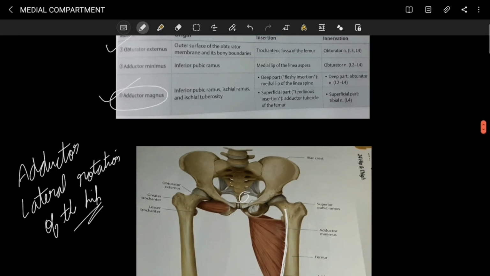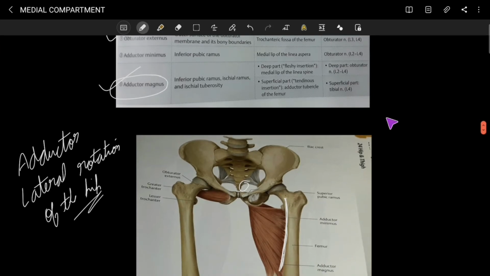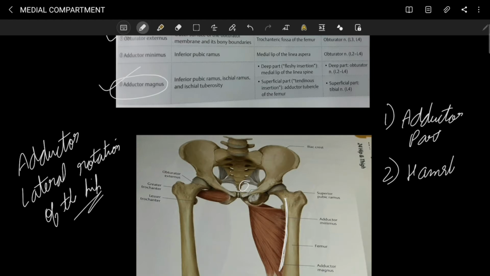Now adductor magnus can be divided into two different parts. First one, the adductor part. Second one, the hamstring part. Now each of these parts have different attachments, basically origins and insertions.